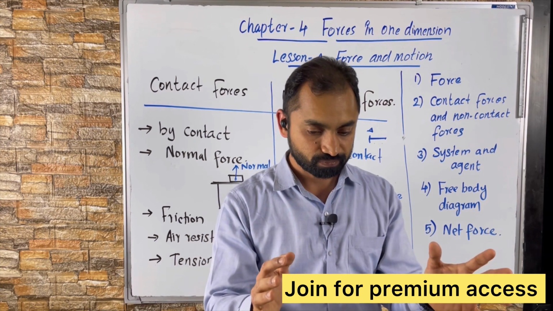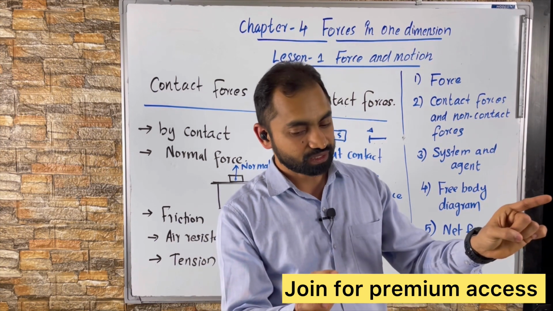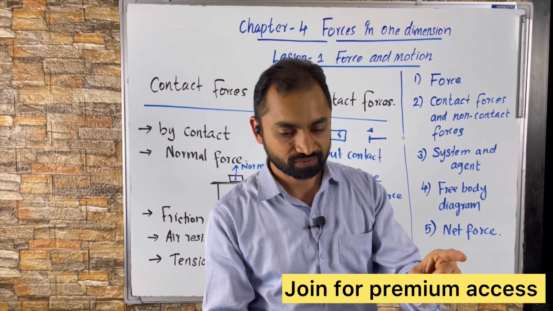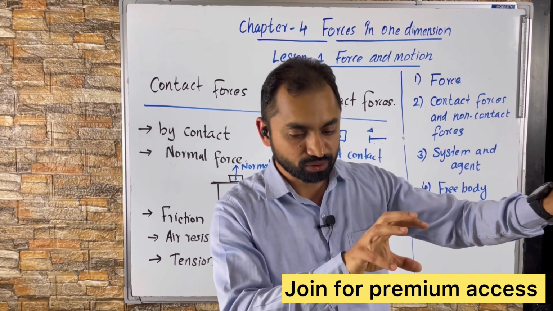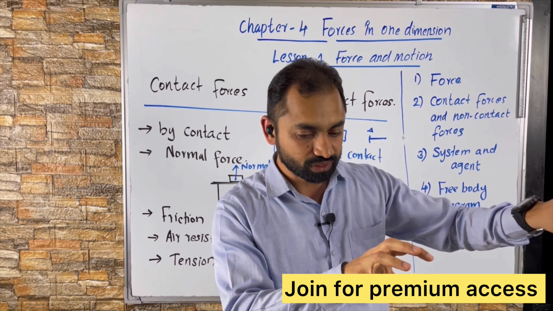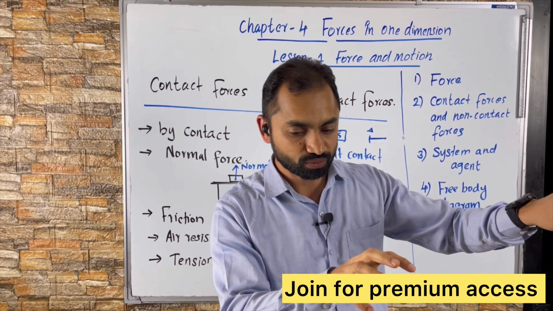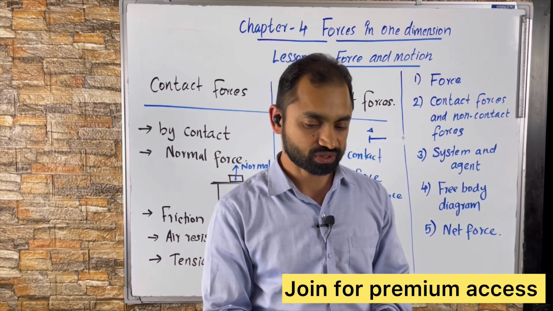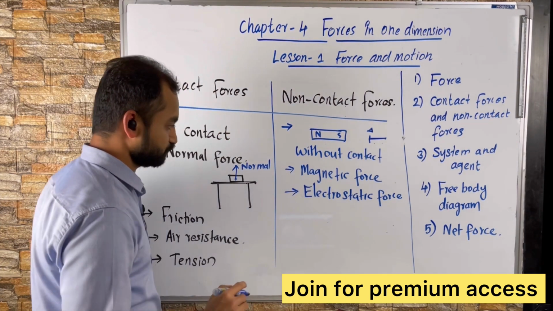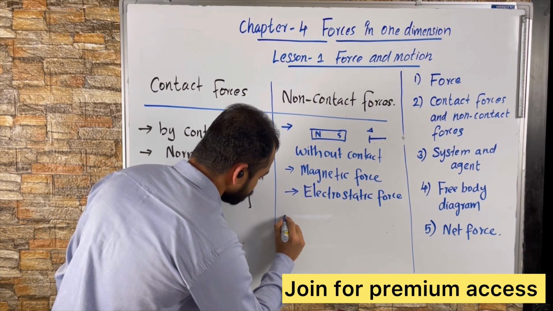In an atom, there will be an attractive force between electrons and the nucleus without touching. Electron and nucleus are not touching, still there will be a force between them. That is electrostatic force. That is an example of a non-contact force. Third one, can you give one more example?